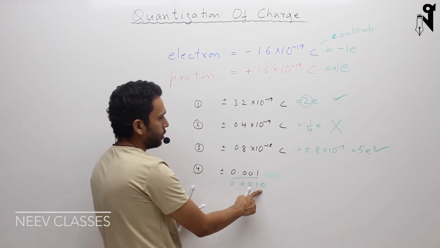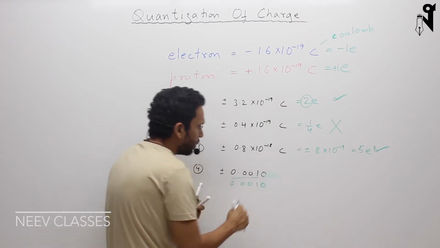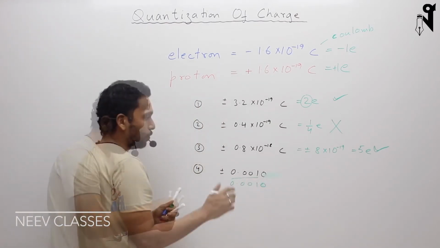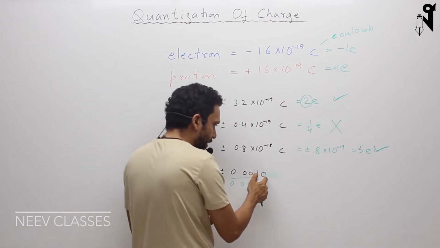So if you are sure it is a 0 in front, you'll rather mention that while giving the value. If you are not sure, then you don't mention that 0.